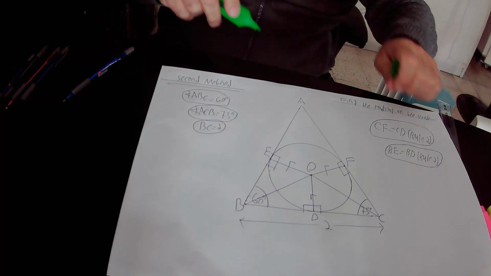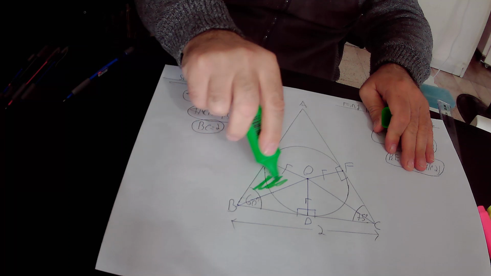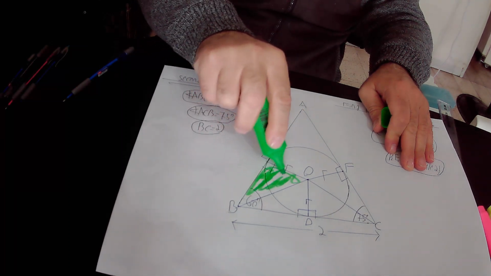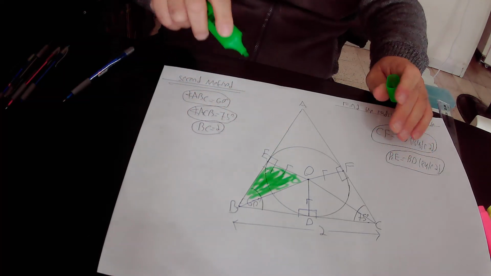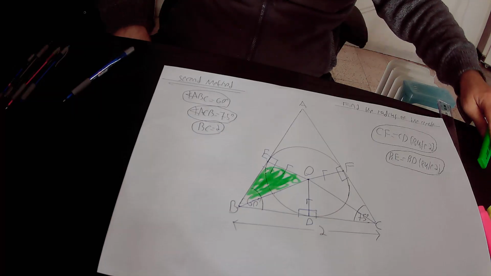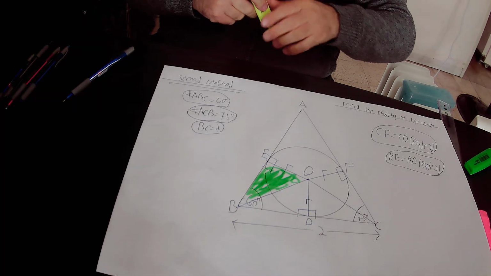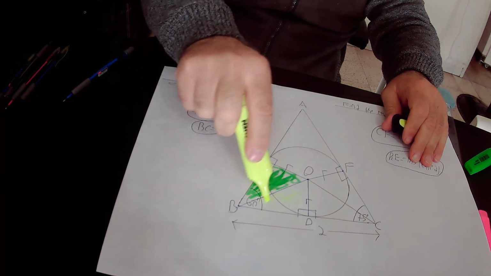That is to say, we prove that the green right triangle BOE is congruent to the yellow right triangle BOD.